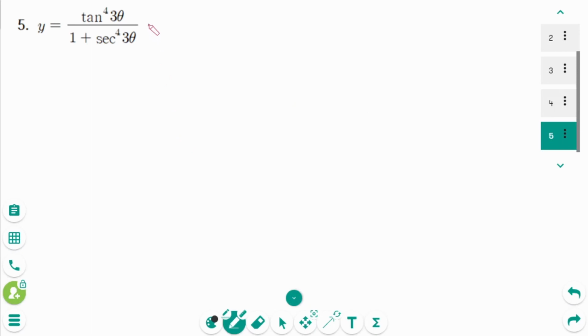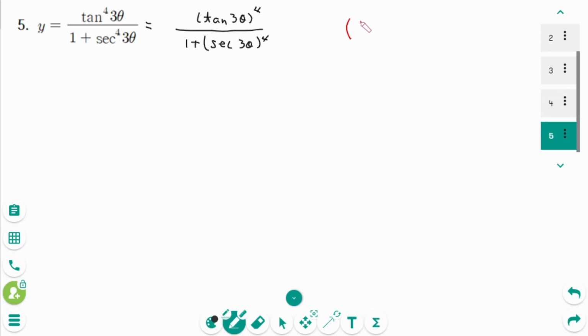Number 5, we can rewrite as tangent 3 theta to the power of 4 over 1 plus secant 3 theta to the power of 4.